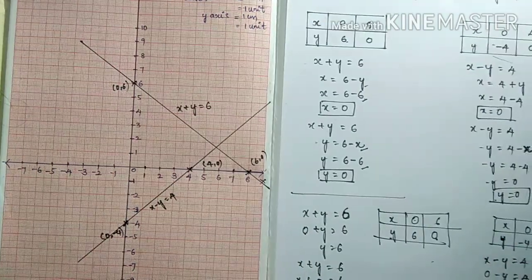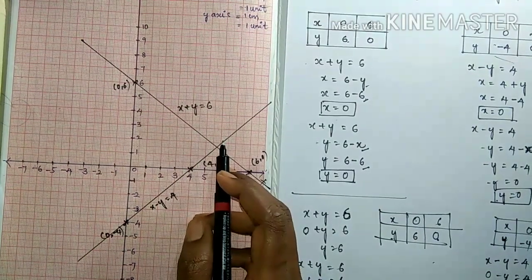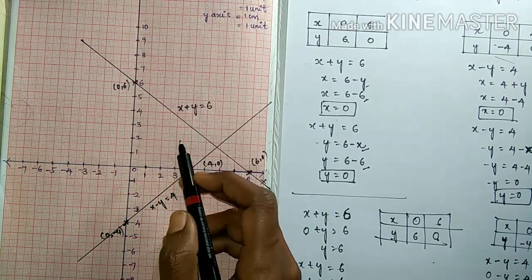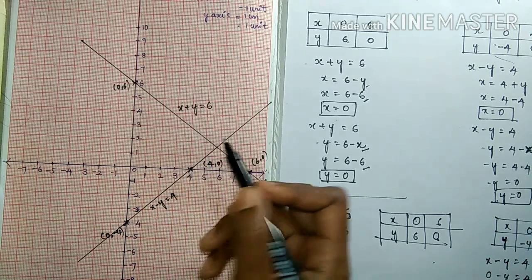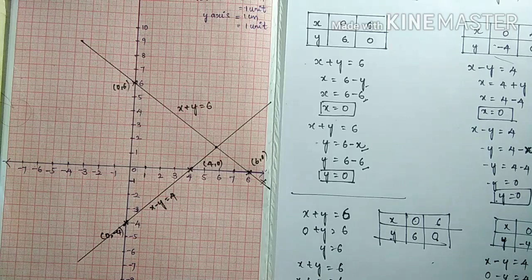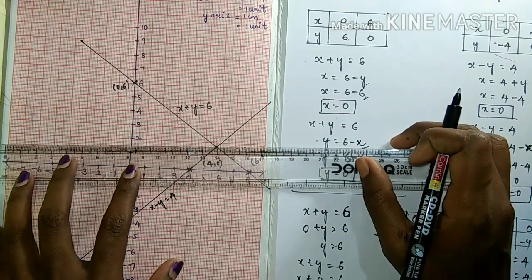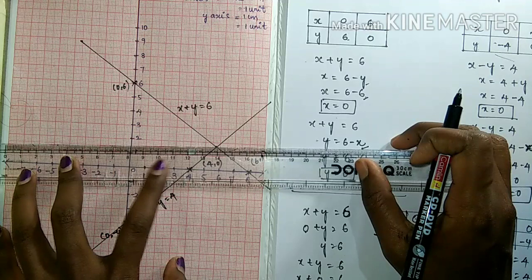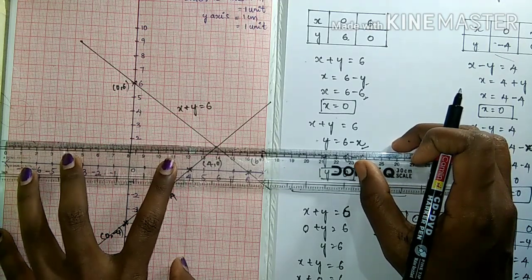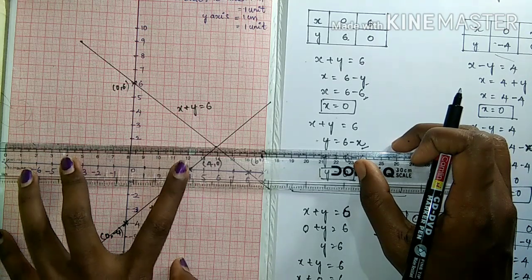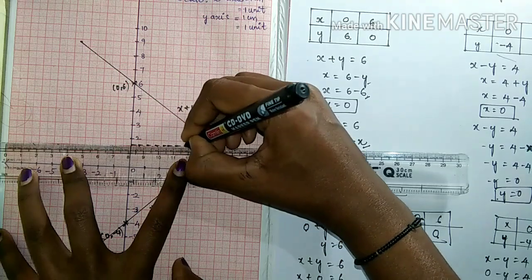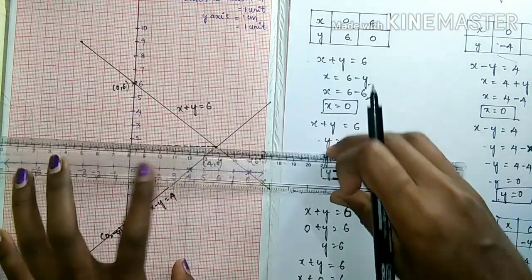After joining both the lines, you have to find out where both the lines intersect. This intersection point you have to mark. Let me mark it to the y-axis and x-axis. Like this.